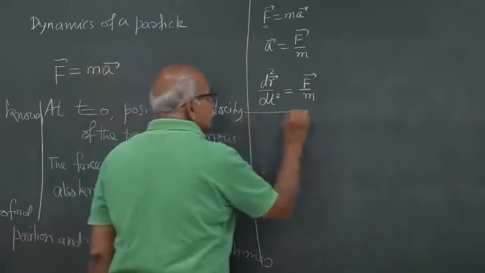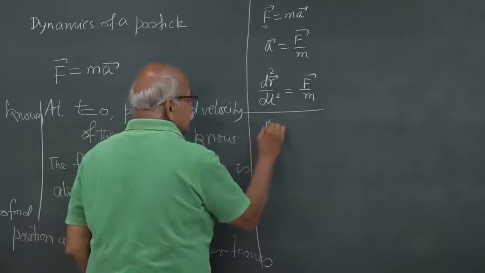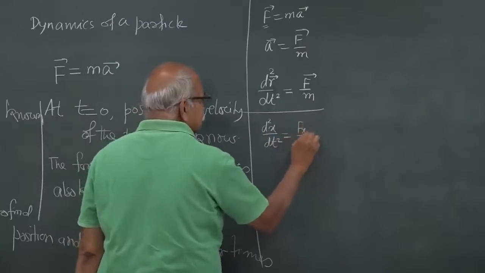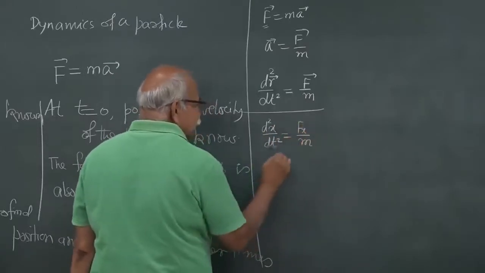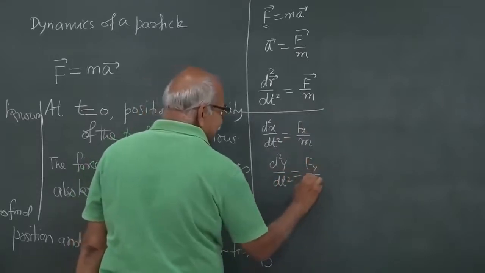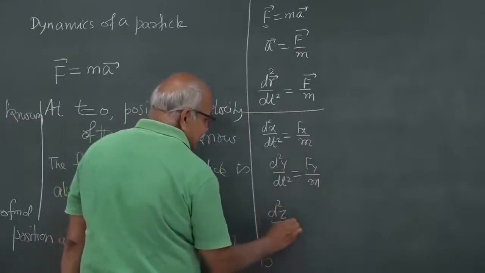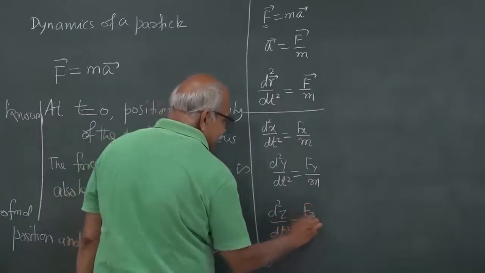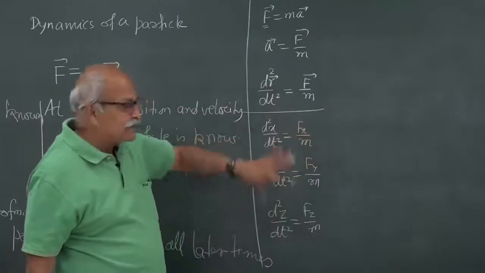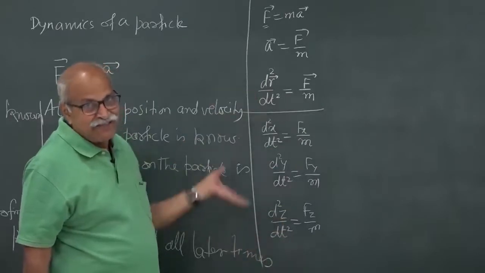If you write in the Cartesian component form, you have three equations, d2x dt square is equal to Fx by m, then d2y dt square is Fy by m, and d2z dt square is equal to Fz by m. You can also use other types of coordinate system other than Cartesian, then the equations will be different, but you will have three equations.